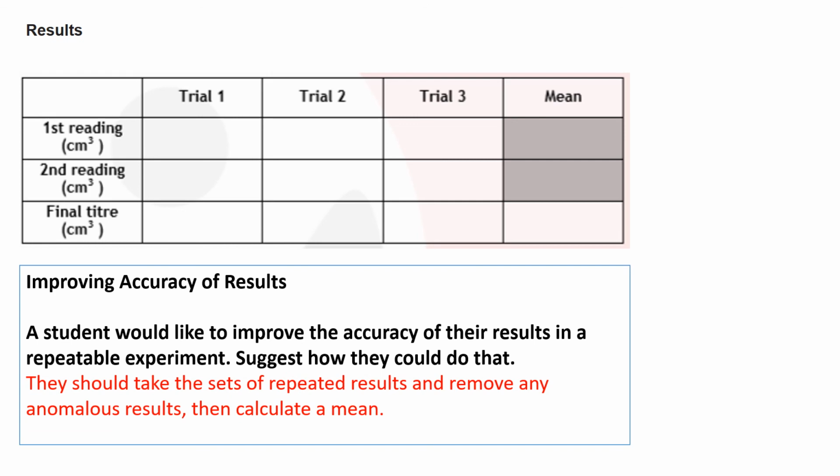We also should try and make sure that we repeat any results. So if you've got 2 concordant results and then you've got a third one which was way off, then you need to take another reading, because actually you need to discount that anomalous result and get 3 concordant results. If your results are concordant but they're still way off, then you need to repeat more times. Repeating means reliable, okay?